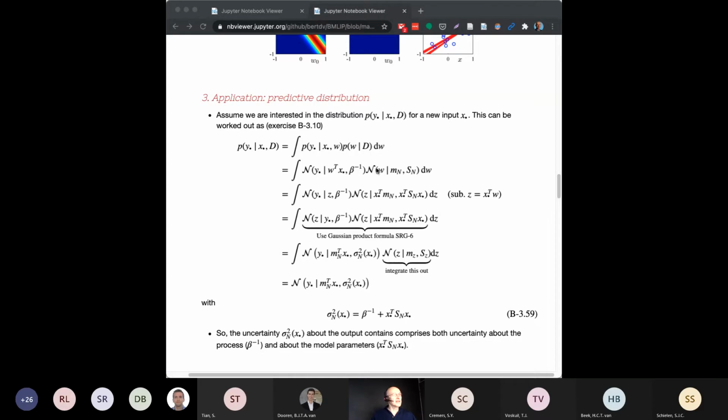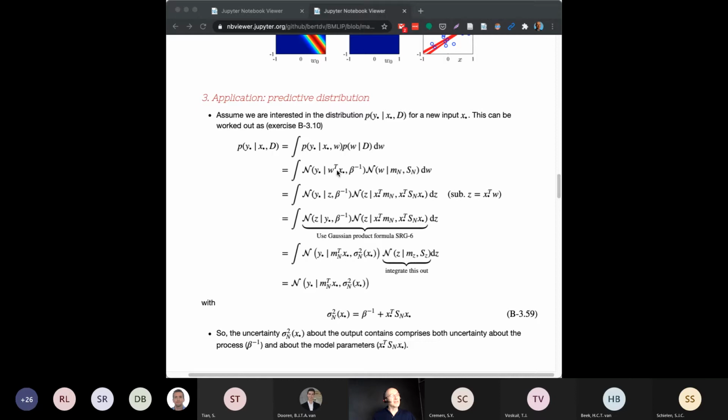I plug that in, and so now in principle, you would say, I have a Gaussian times a Gaussian. So let's just go to the Gaussian multiplication formula. That's not so easy because that assumes that you would have a y bullet here and a y bullet here, or a w here and a w here. So we have to do some maneuvering of these Gaussians to make that true.